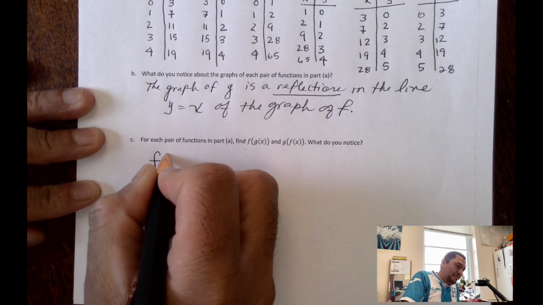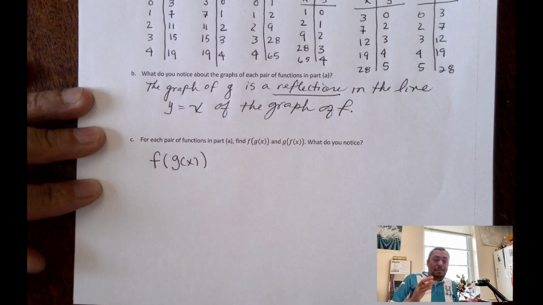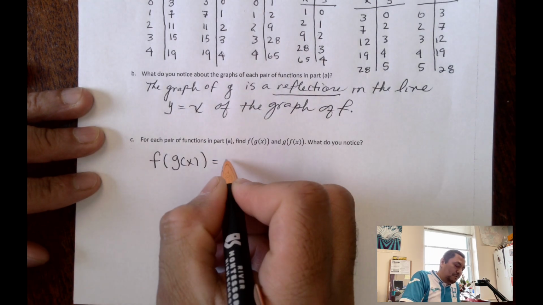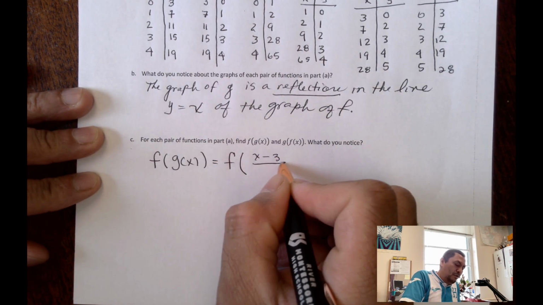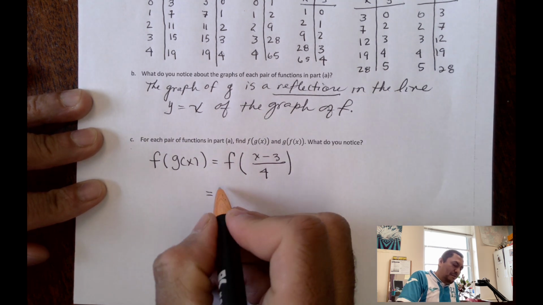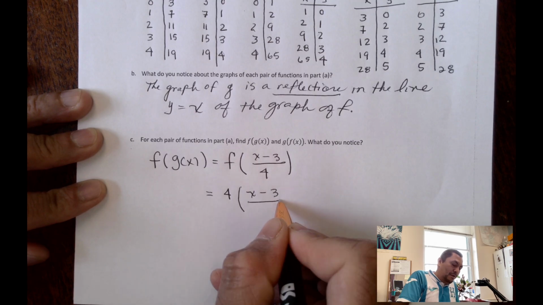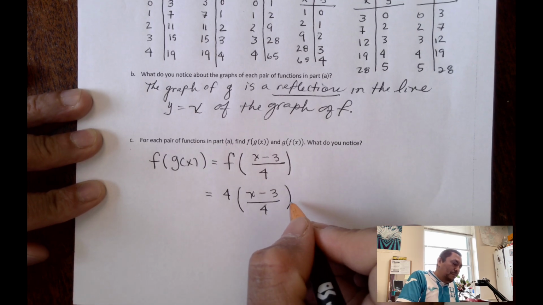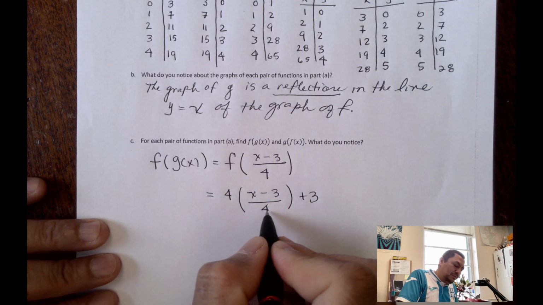So I have f of g of x. I'm going to do the first one, and this is equal to f of (x minus 3) over 4. So what is this one? I have 4 times (x minus 3) over 4, plus, in this case, 3. What happens to these 4s?